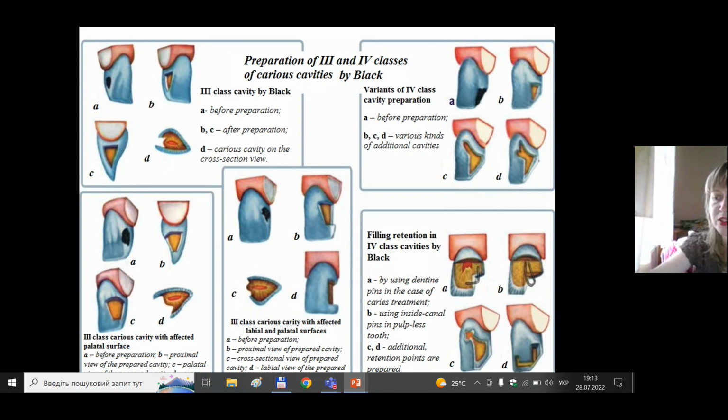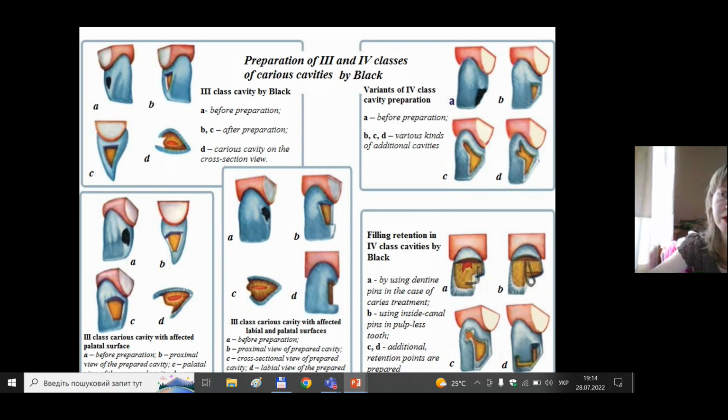So at that time it was suggested to use dentine pins, such armamentarium as shown here, to restore the angle of the tooth crown. They were extra support of material.